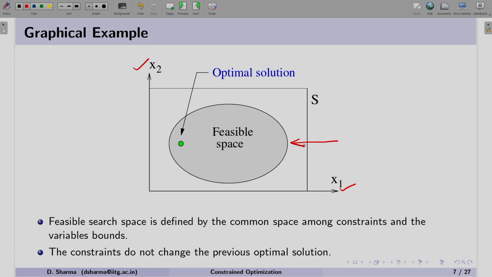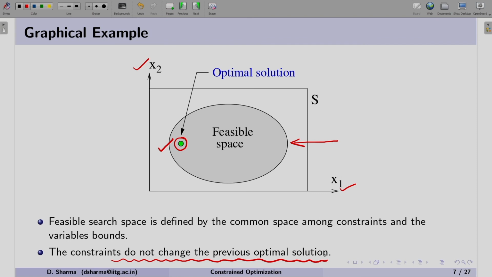Now, here what we can see is that the optimum solution which we had in the previous slide is the same as the optimum solution for this scenario, meaning that the constraints do not change the previous optimal solution.